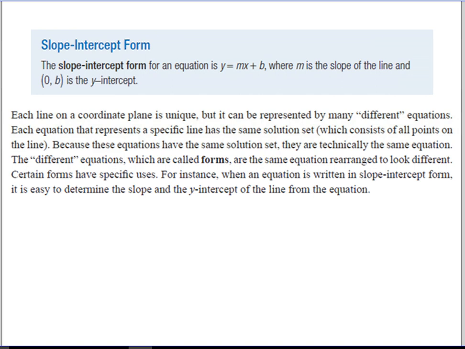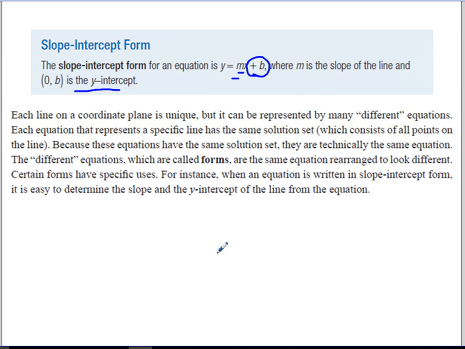That's why that m is there. And we mentioned m represents slope. And b is your y-intercept. It's the coordinate value for your y-intercept, because if we plug in 0 for x, which we know x is 0 at the y-intercept, you can see y will equal your b value. So that's where you put your y-intercept on your graph.